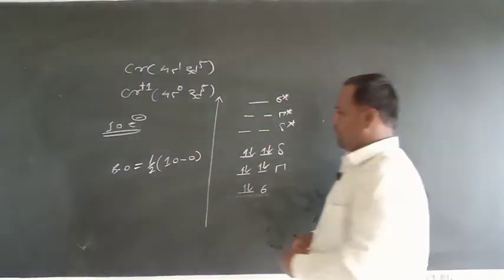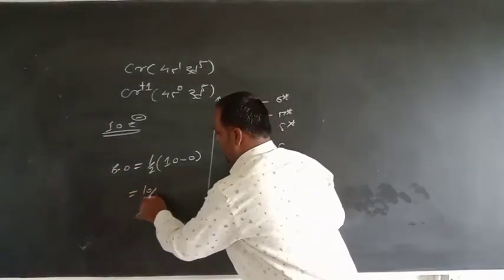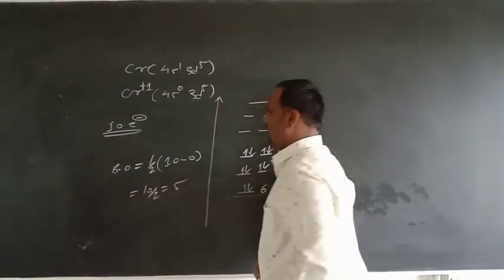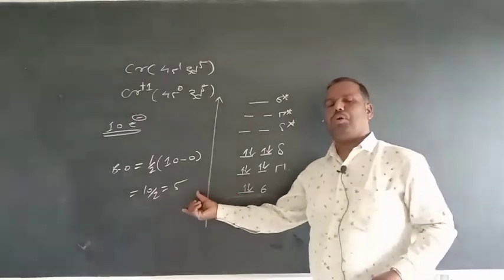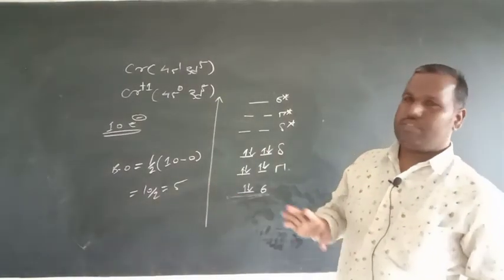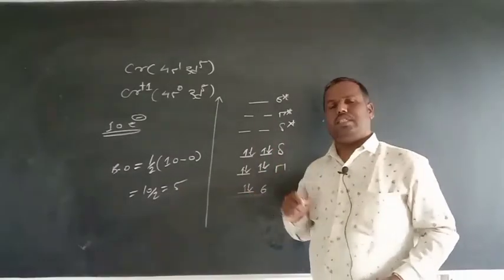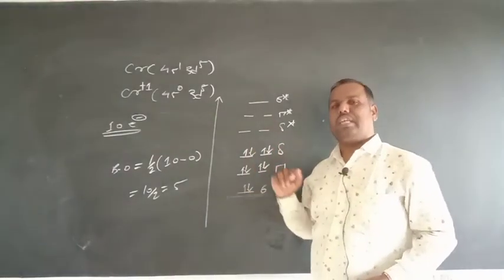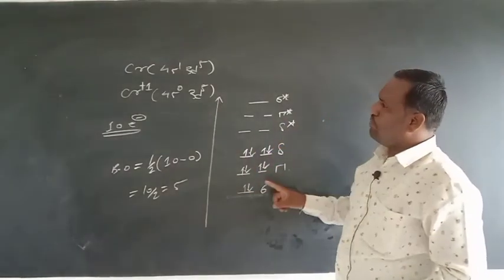So 10 by 2, we get 5, and the bond order is equal to 5. So a total of 5 metal bonds are possible in this chromium phenyl complex. You should remember this example.